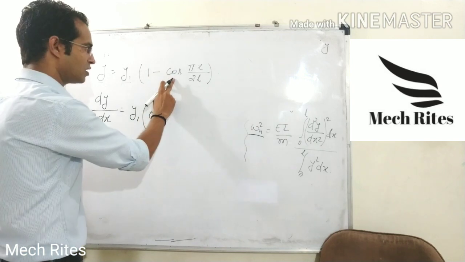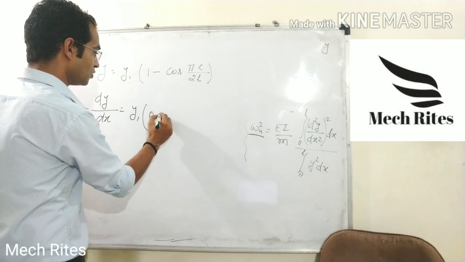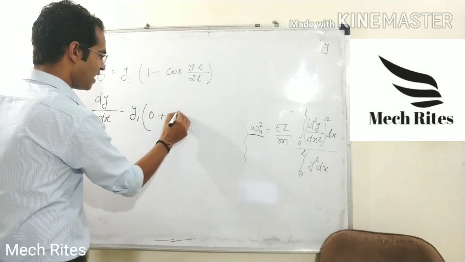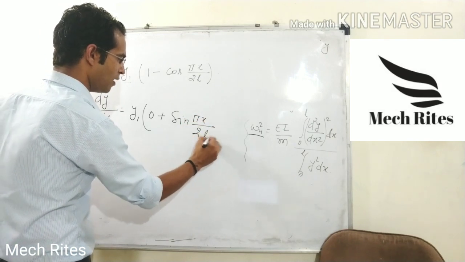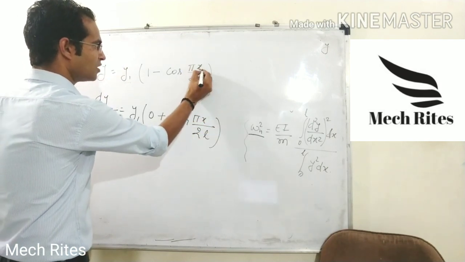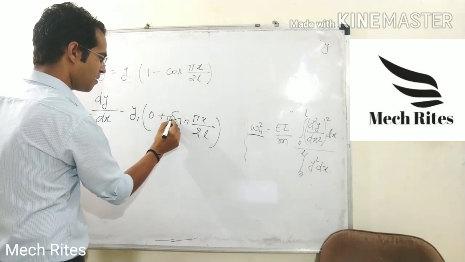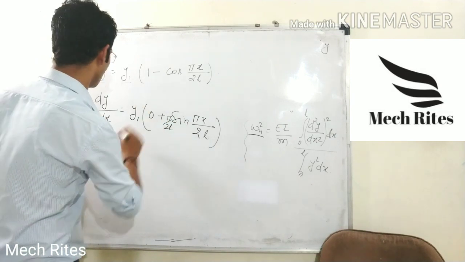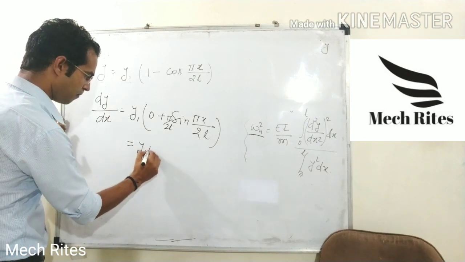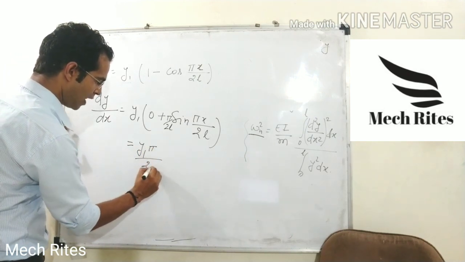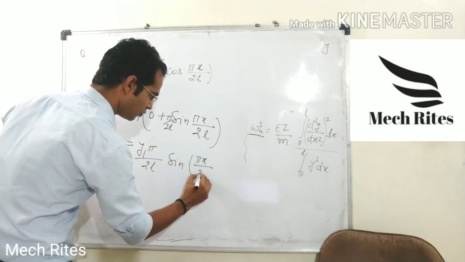Differentiation of cos theta is minus sin theta, so minus minus will be plus, and it will be sin(pi x by 12). But since pi by 12 is multiplied with x, I will multiply by pi by 12 here. So the final answer will be y1 pi by 12 sin(pi x by 12).